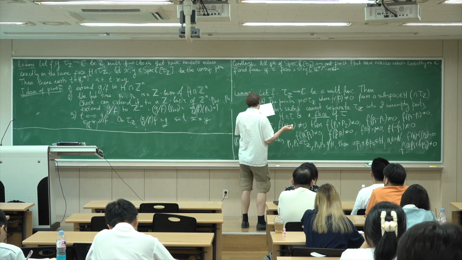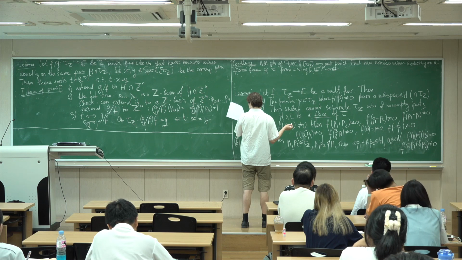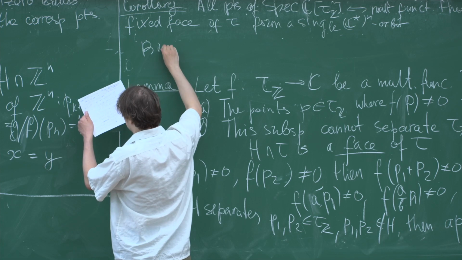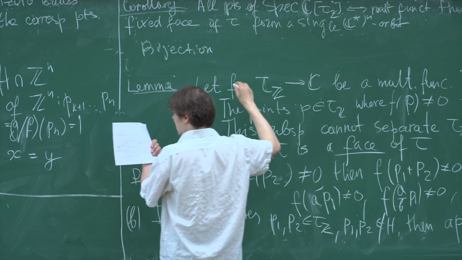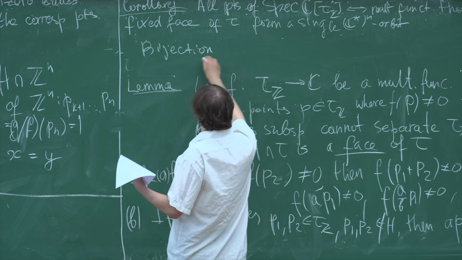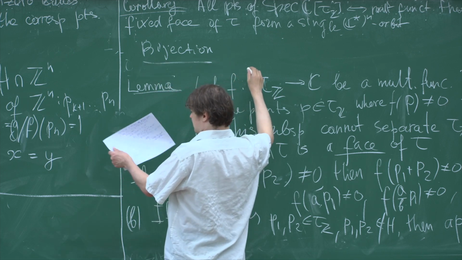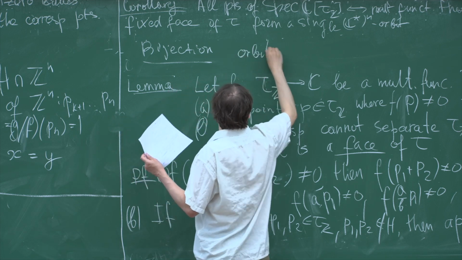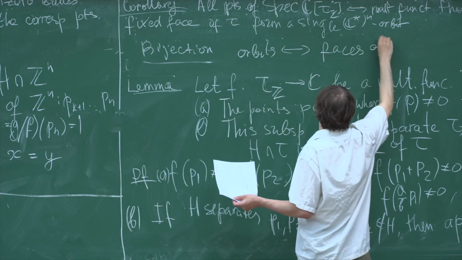In other words, we have a bijection between orbits and phases of tau.